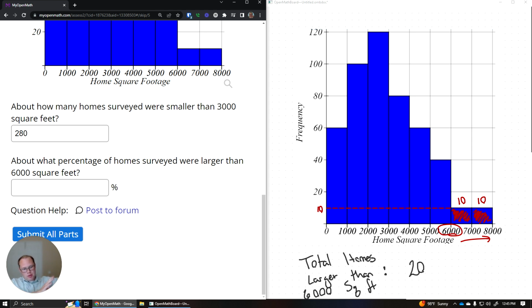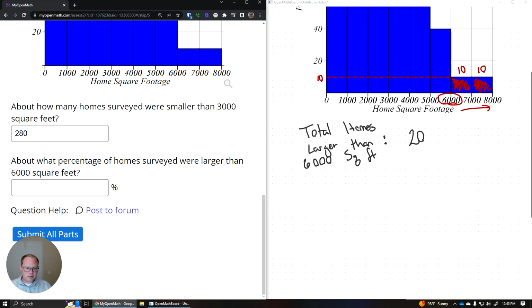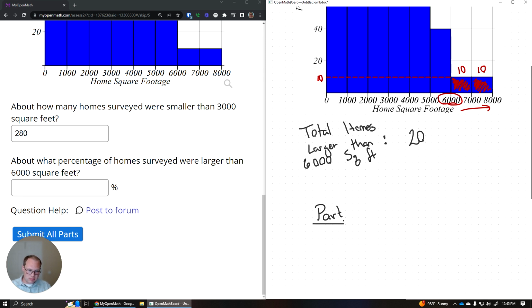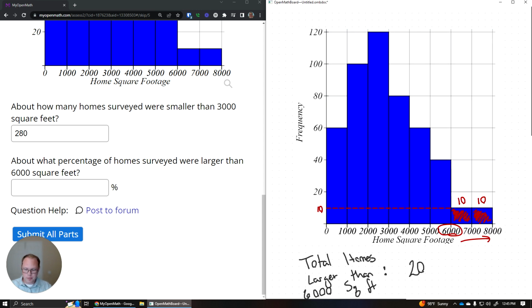So we found the part that we're interested in. Now we need to find the whole. So we want part over whole to find that fraction. The part that we're interested in, there are 20 homes in that part. To find the whole, we need to add up the total in all the bars. Okay?